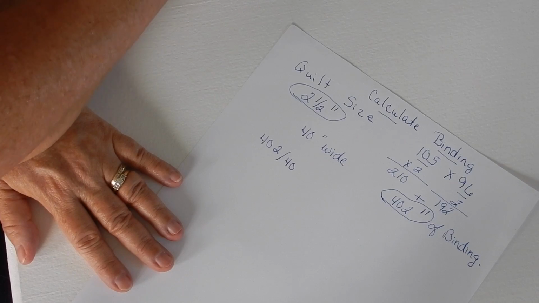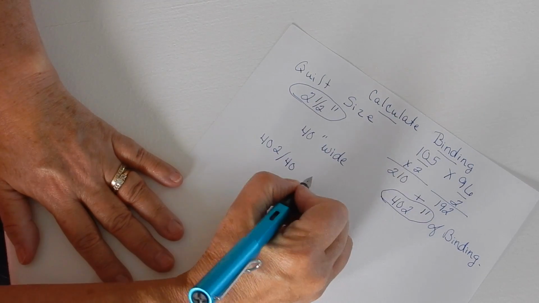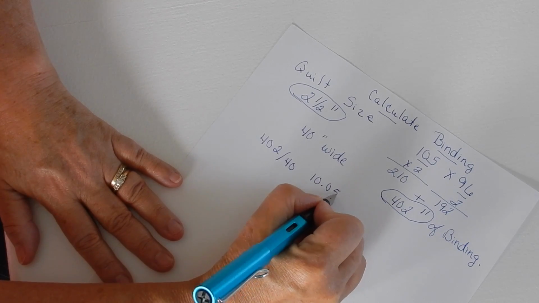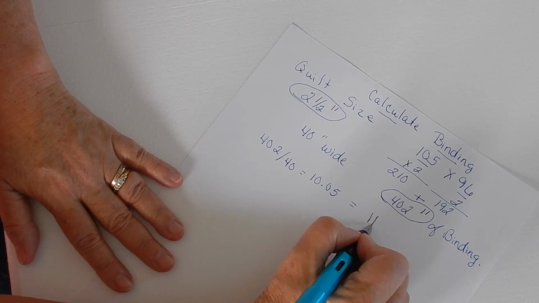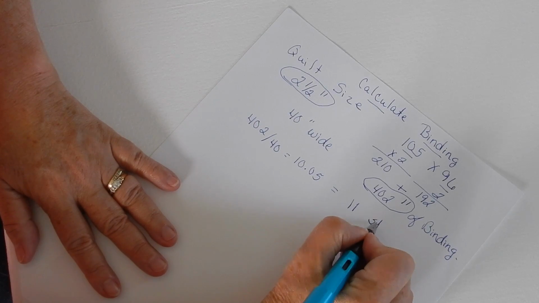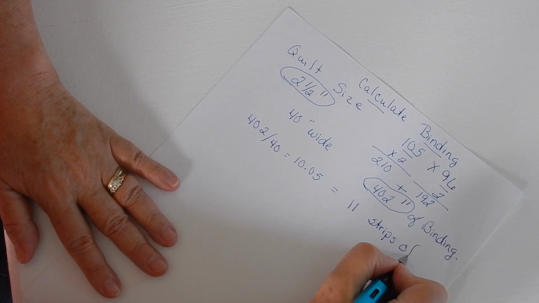So 402 divided by 40 equals, I'm sorry, 10.05. All right. So I'm going to say we need 11. That's how many strips of binding we need.